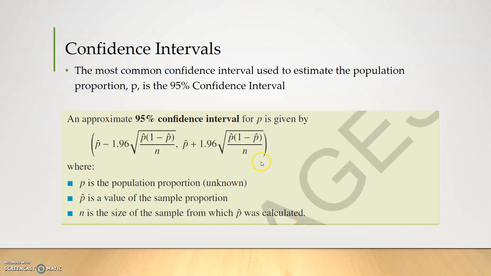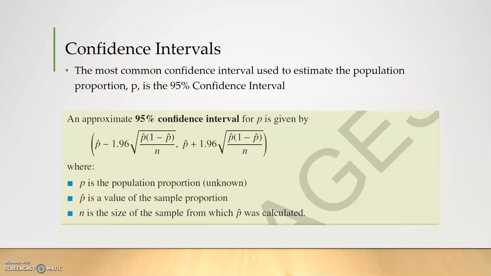And if you look at it carefully, it says p hat minus 1.96 times the square root of p hat times 1 minus p hat divided by n.